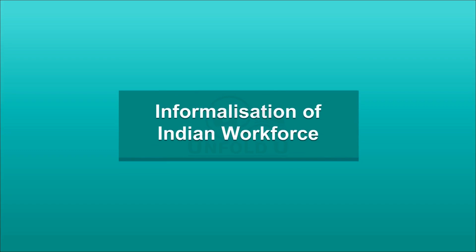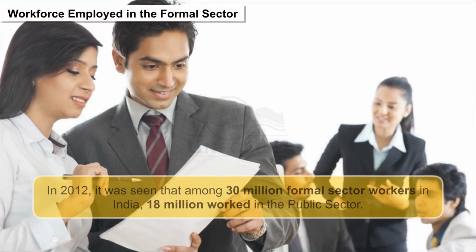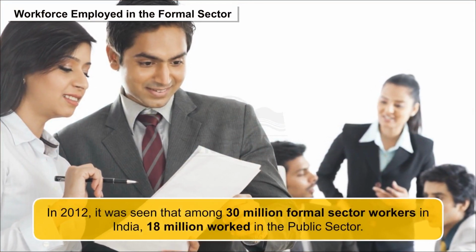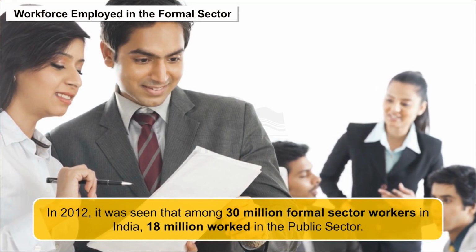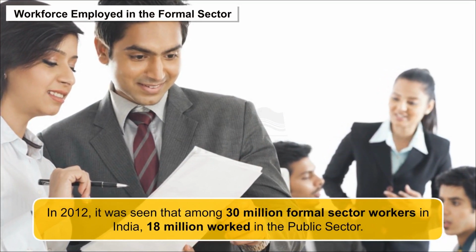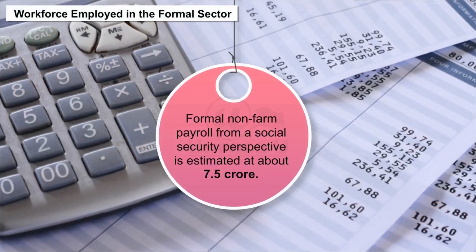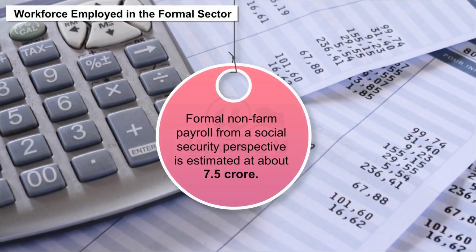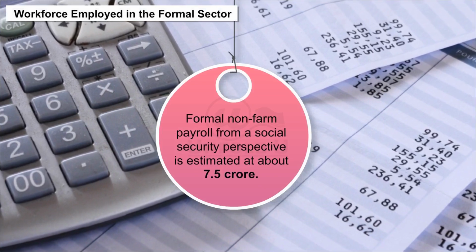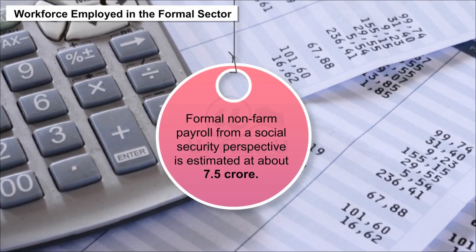Informalization of Indian workforce. In 2012, it was seen that among 30 million formal sector workers in India, 18 million worked in the public sector. Formal non-farm payroll from a social security perspective is estimated at about 7.5 crore.